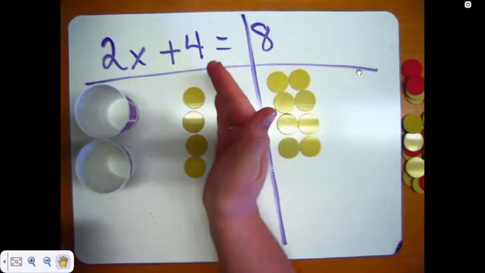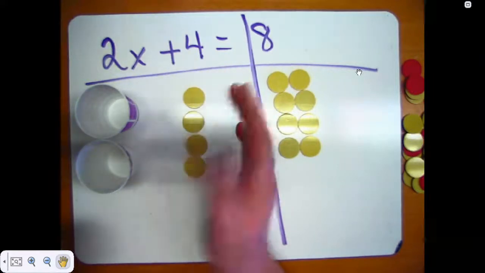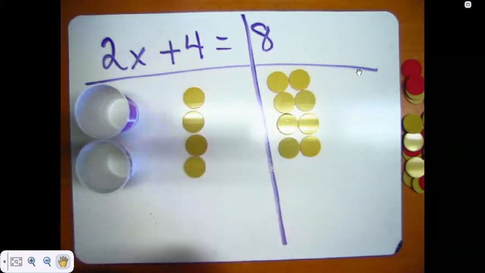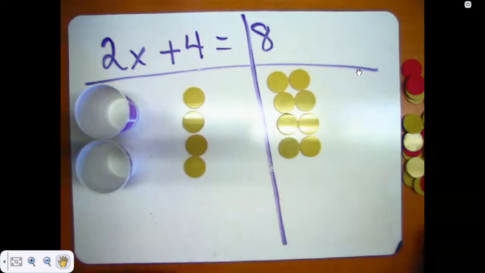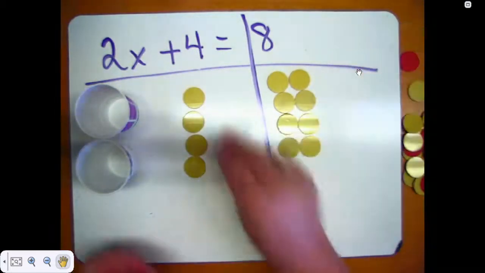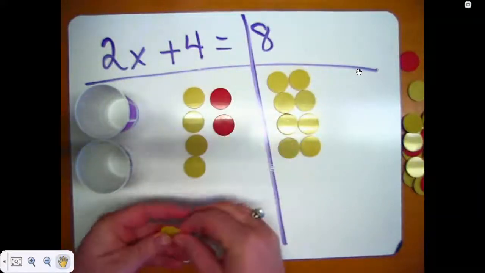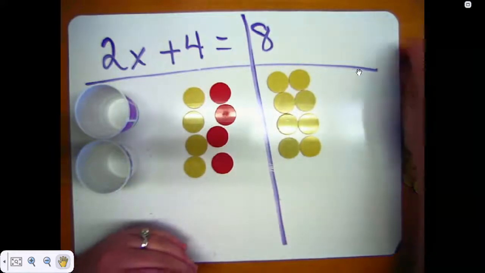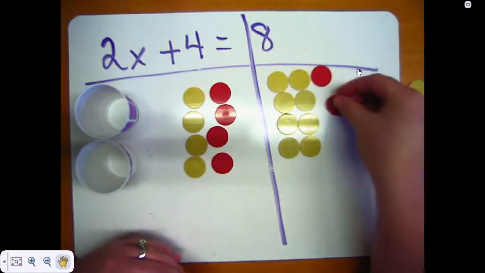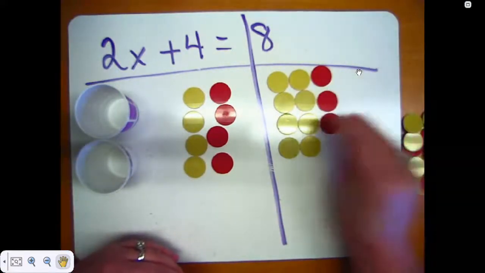So what we're going to do is add its additive inverse. Add the opposite. So positive 4's opposite is negative 4. So I'm going to add negative 4 to this side. And if I add negative 4 to this side, I also need to add negative 4 to this side.